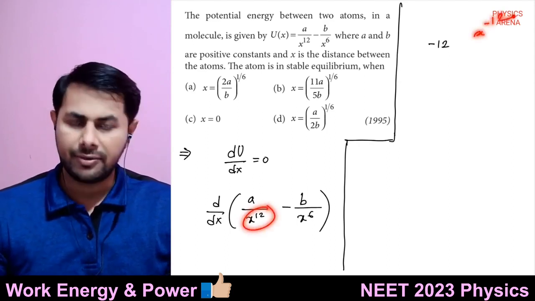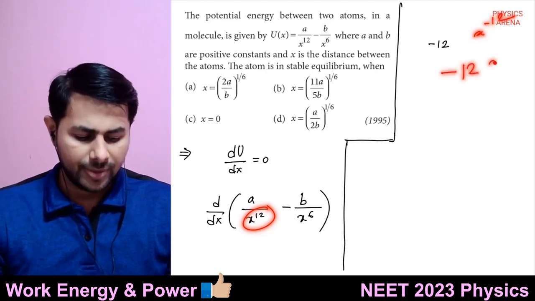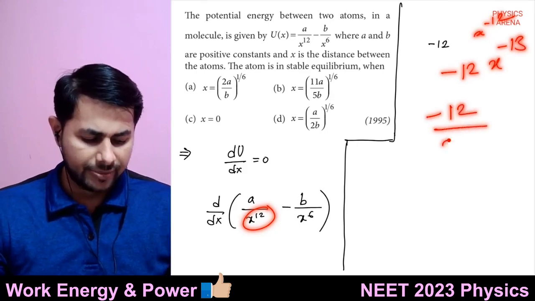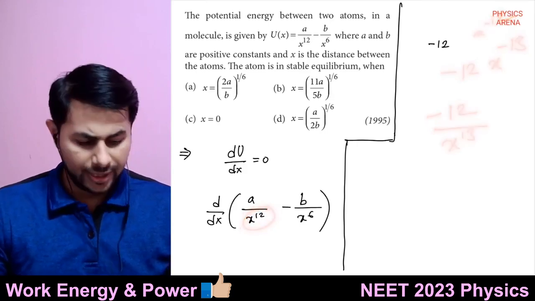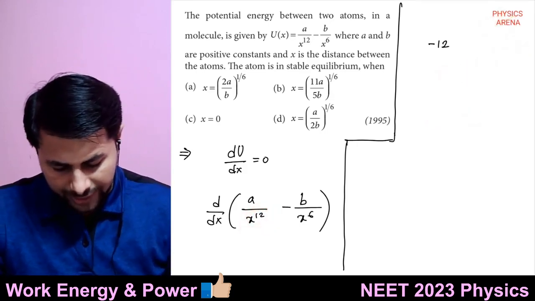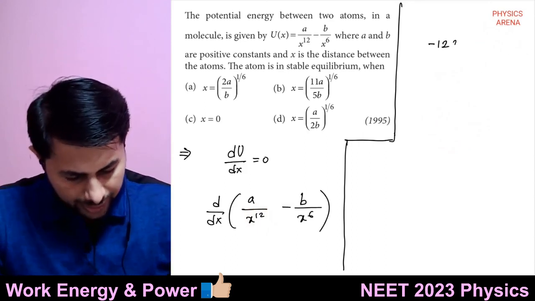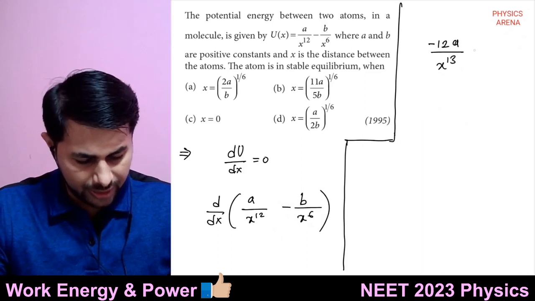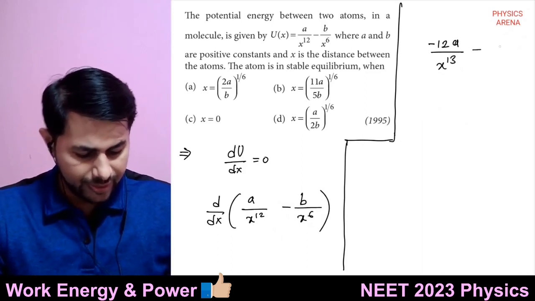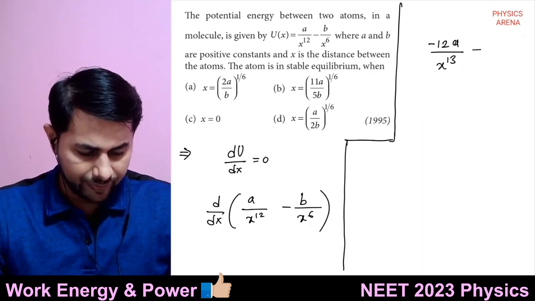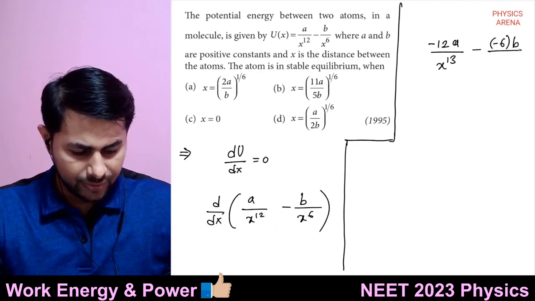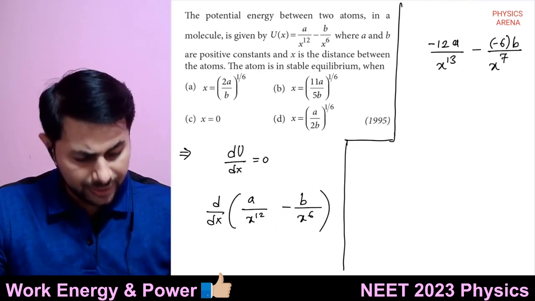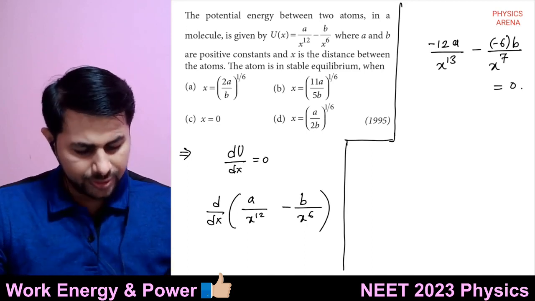Its derivative is minus 12 multiplied by x raised to minus 13, that is minus 12 divided by x raised to 13. So minus 12a divided by x raised to 13, and here it will be minus 6b divided by x raised to 7, and this is equal to 0.